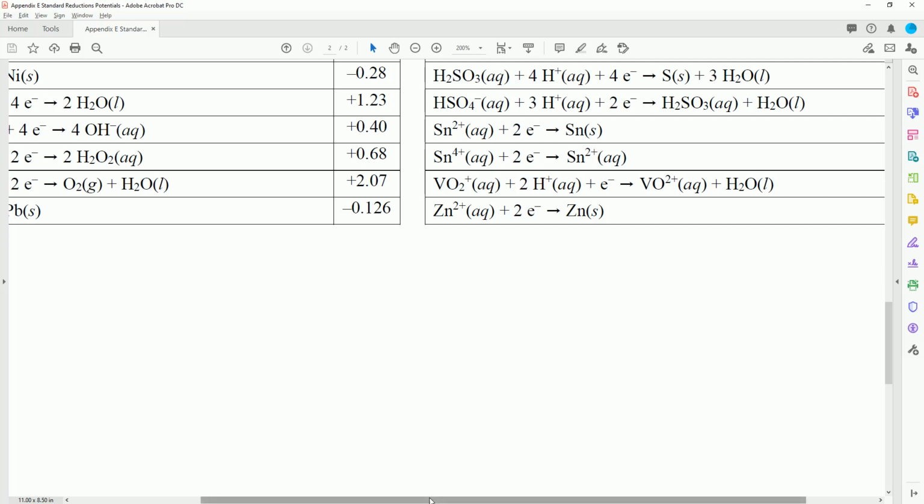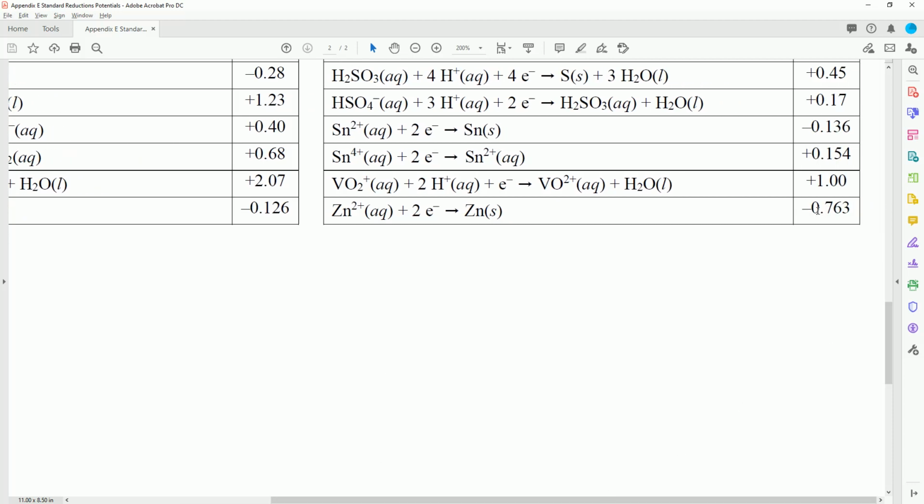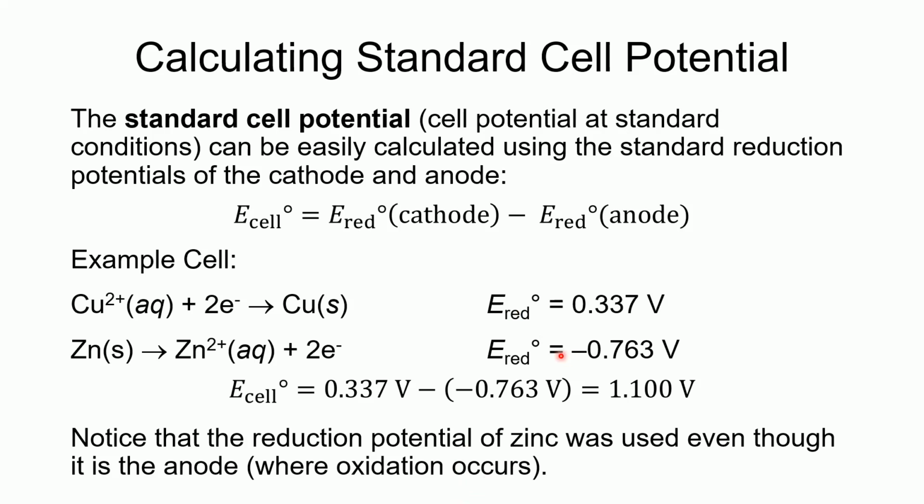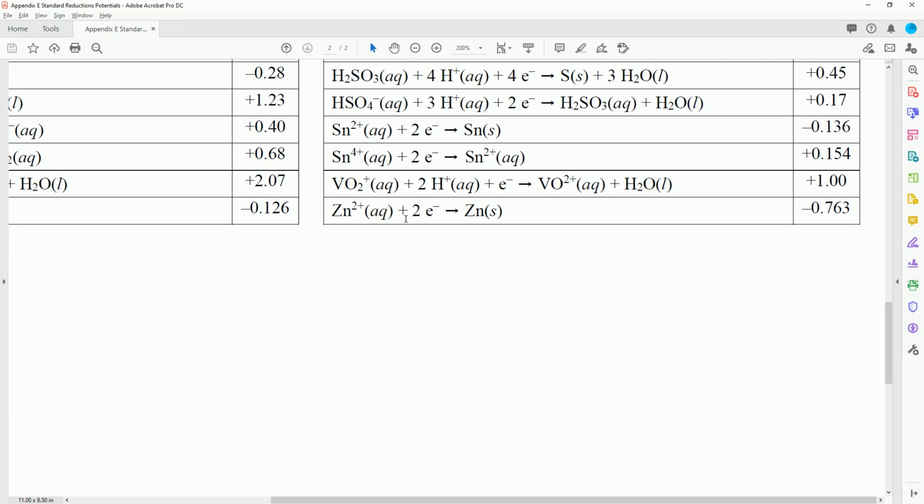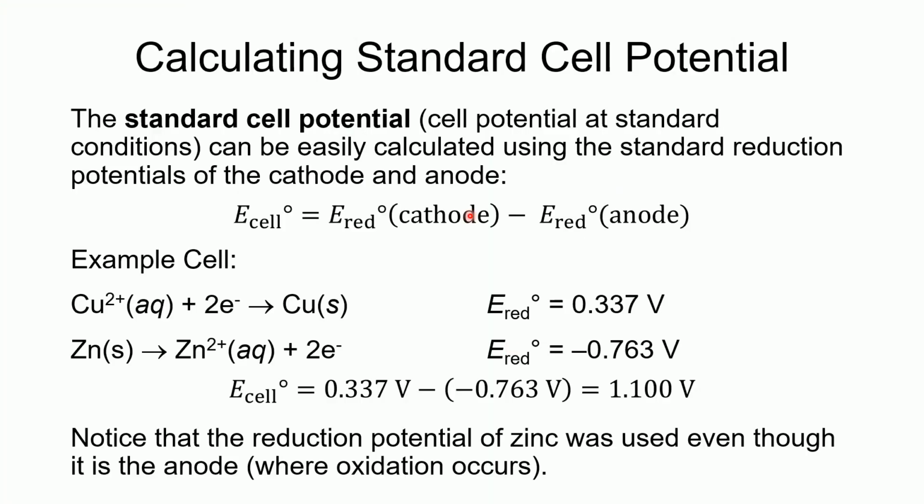So there is zinc. You'll notice that zinc has a reduction potential of negative 0.763 volts. So when I go back over here, it's the 0.763 volts. Well, that reduction potential was for the reduction. Of course, that's how reduction potentials work.